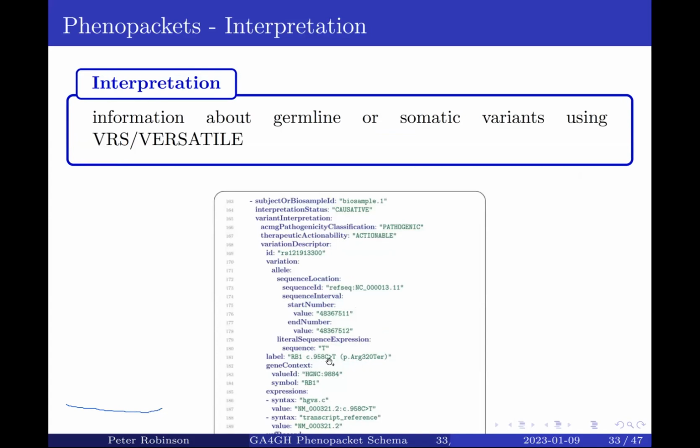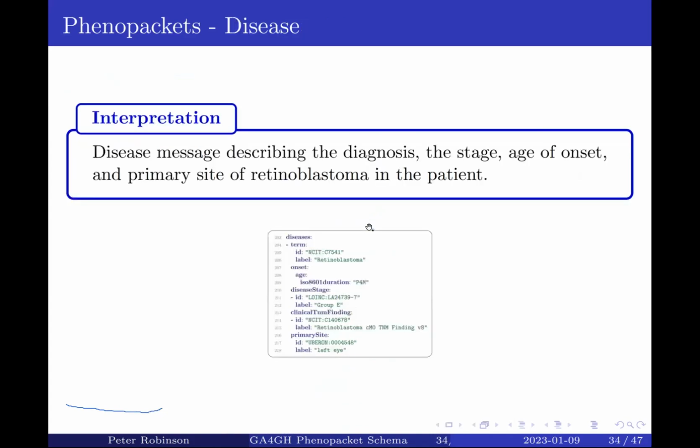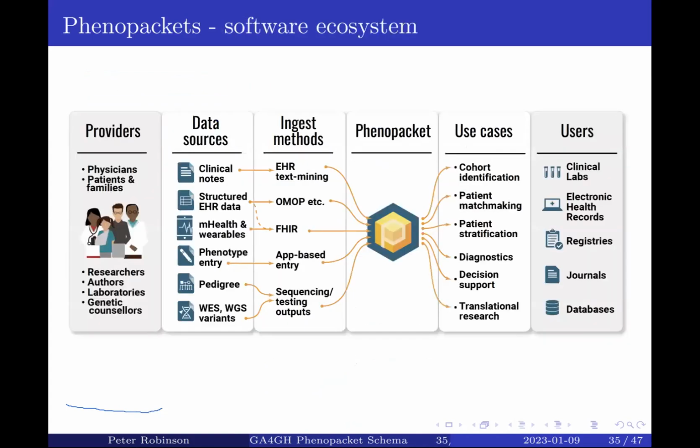So in this instance, there was a nonsense mutation that was found in the biosample in the tumor. There are many more details in the article that I showed you at the beginning. I was just trying to give you a flavor for the kinds of information that can be captured.